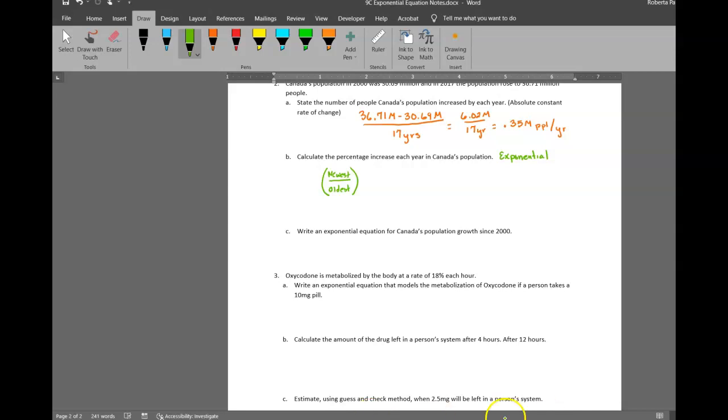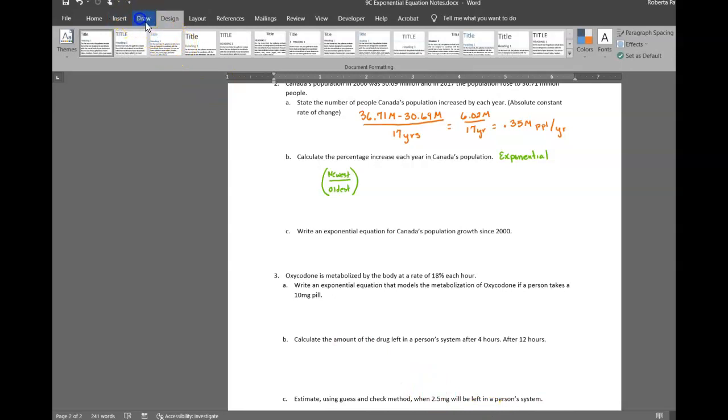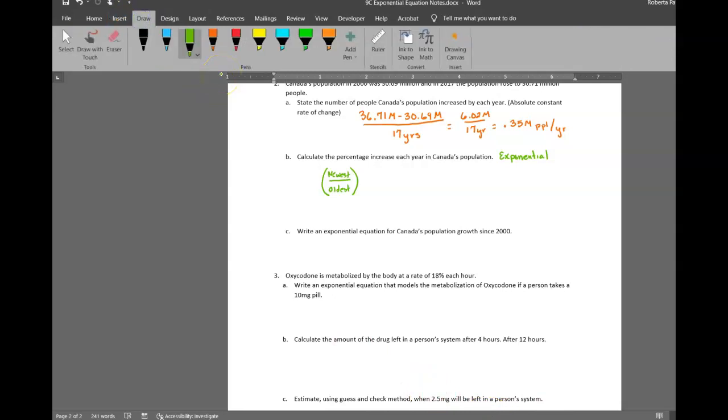But then we have to do something about that 17-year period. And so what we do is we raise it, as an exponent, to 1 divided by the time period. Just like we knew to divide by 17 years, we do a similar thing here, except that we're writing it as an exponent.